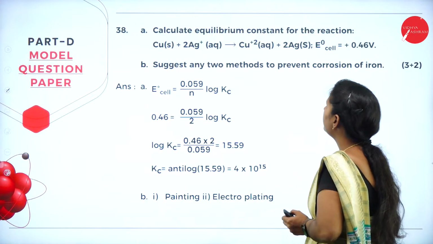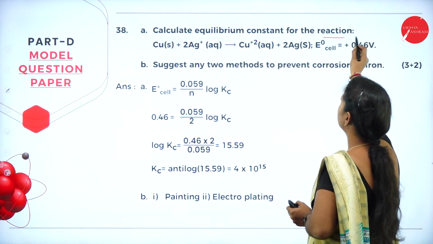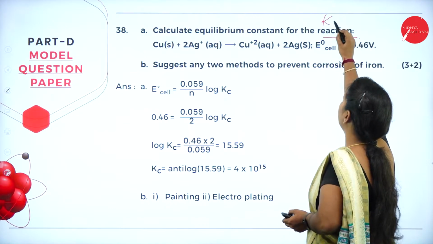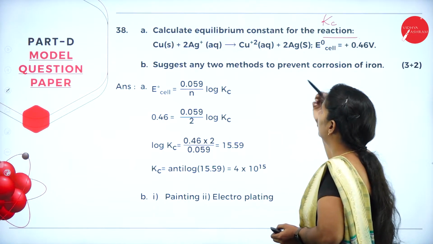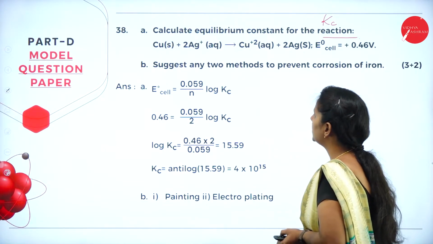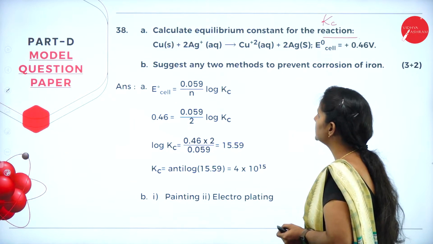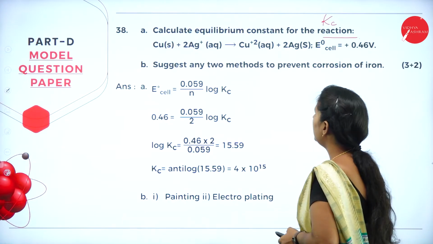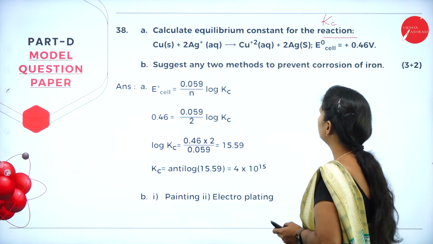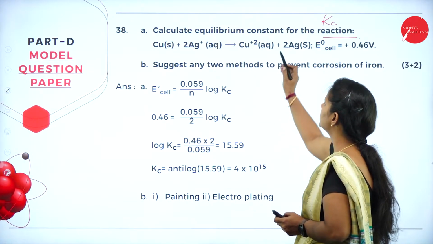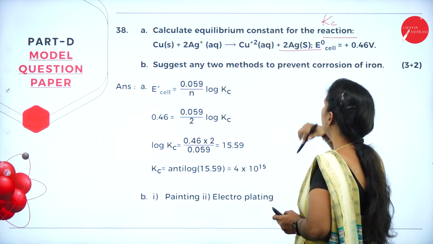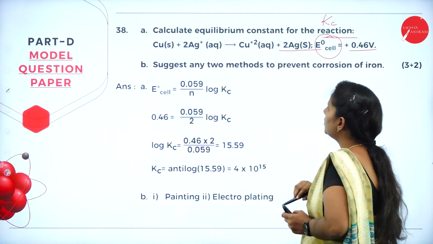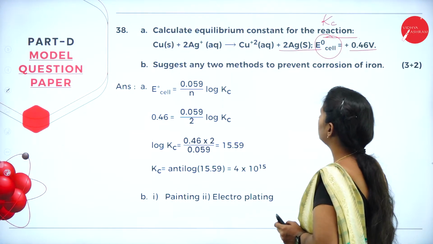Calculate the equilibrium constant for the reaction. Equilibrium constant means we need to calculate Kc. They have given a question where copper and silver are in an electrochemical cell: copper loses 2 electrons and those 2 electrons are accepted by the silver, and they have given the E0 of the cell as 0.46 volt.